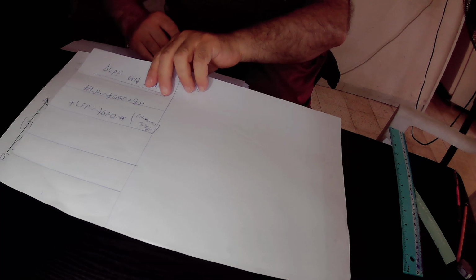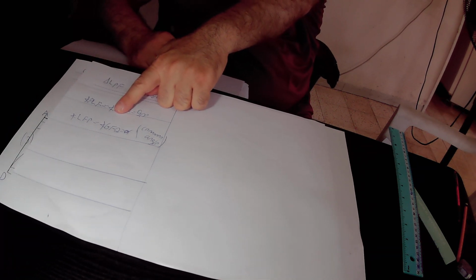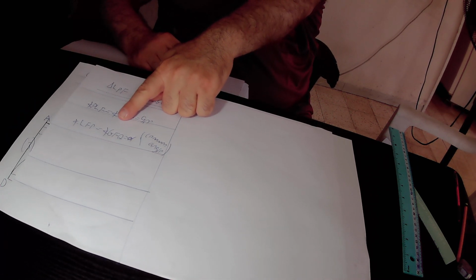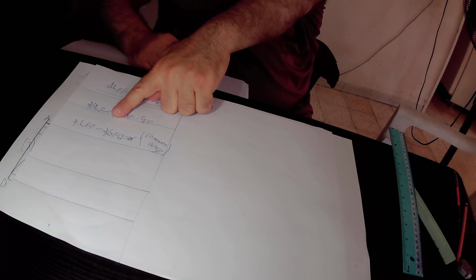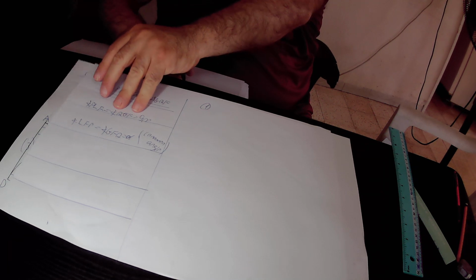Again, this equation means that angle alpha equals itself. So we just call angle alpha by two different names. Angle alpha equals itself as a common angle that belongs to both triangles.